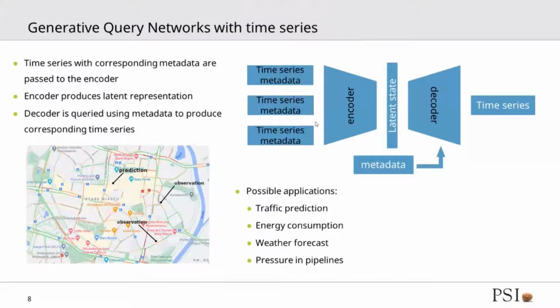I think the most obvious application is weather forecast, when you predict weather based on the weather in other places or other sensors. And the use case that we will describe later on in this presentation is pressure in pipelines, where we predict the value of pressure based on sensors located in some predefined points in the pipeline.